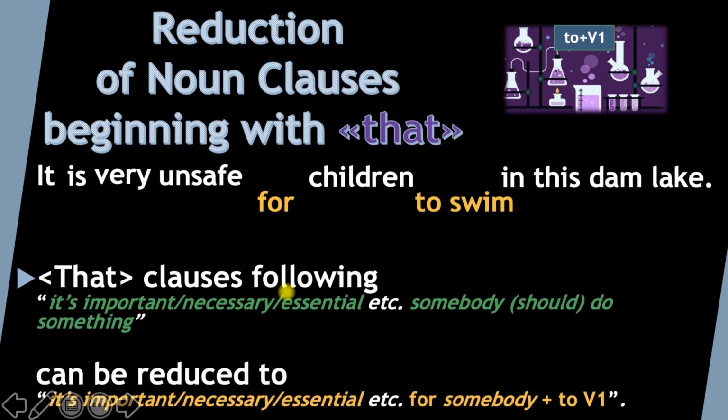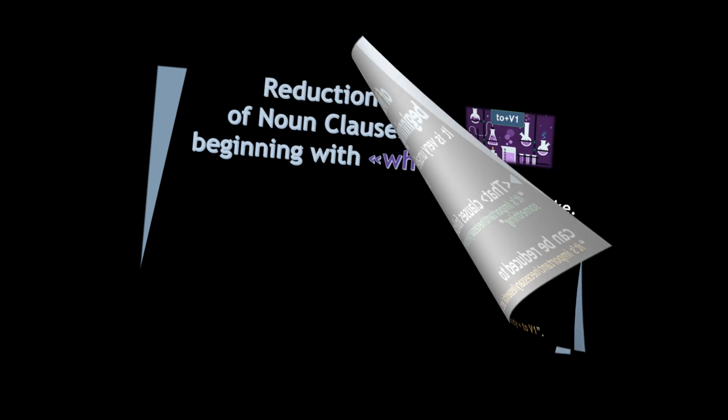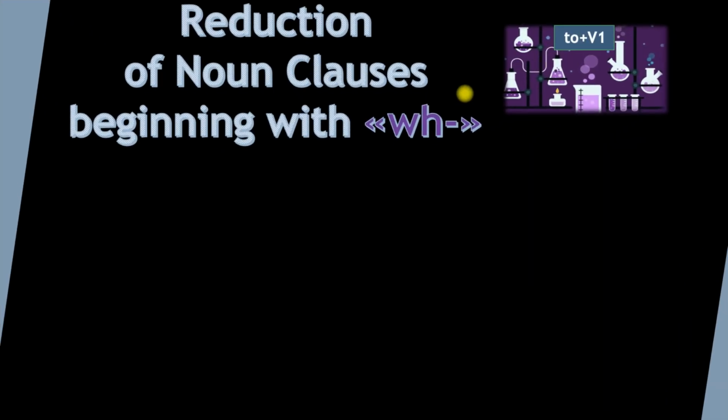That clauses following it is important, necessary, essential, etc. somebody should do something can be reduced to it is important, necessary, essential for somebody, for children, to verb 1, to swim, okay?